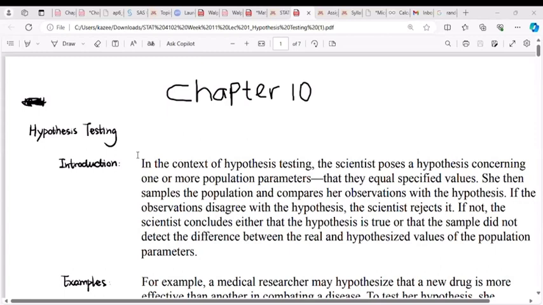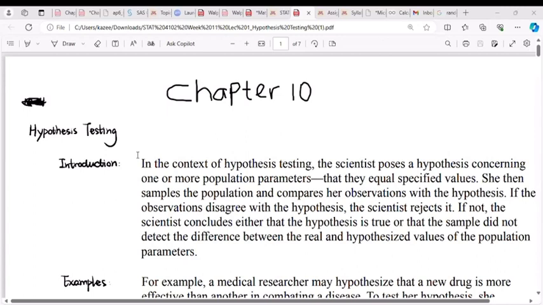Let me tell you this: hypothesis testing. Let me first start from hypothesis. What do we mean by hypothesis? Hypothesis means an assertion or a conjecture about the values of a parameter. Our mind can never be empty. We're always going to have something in our mind.